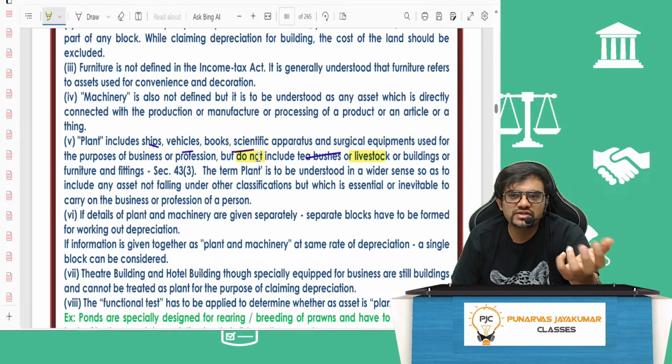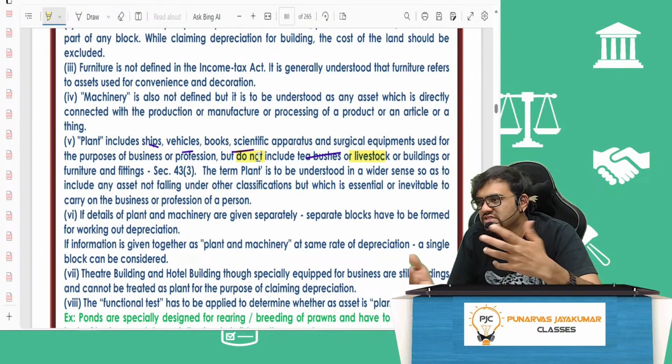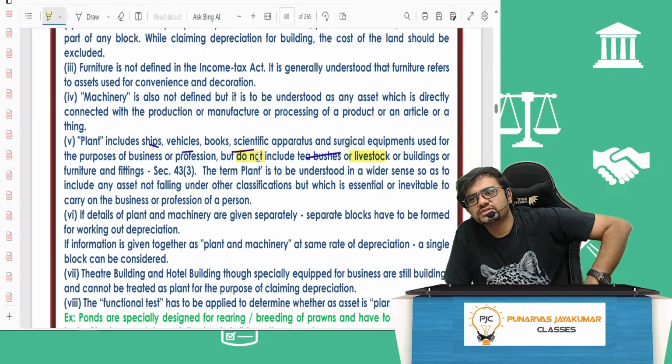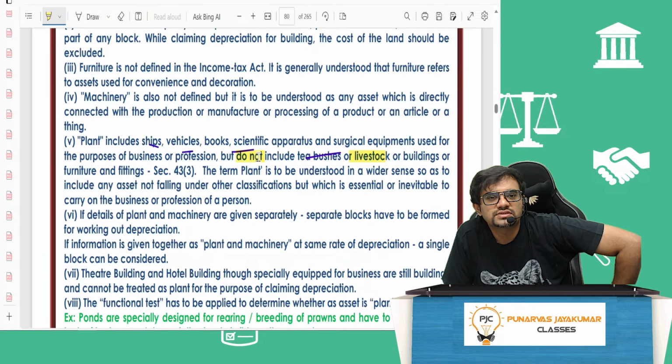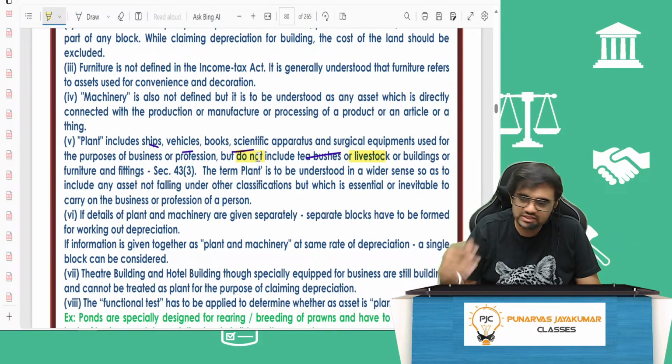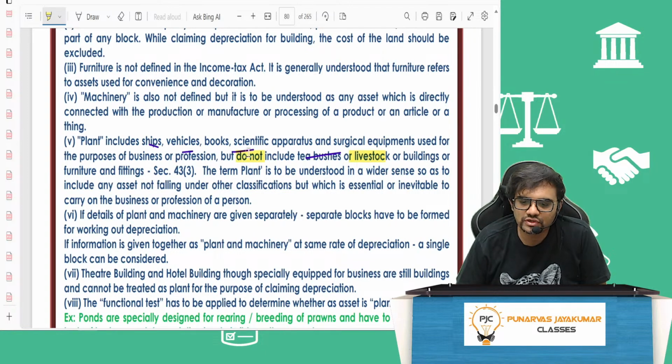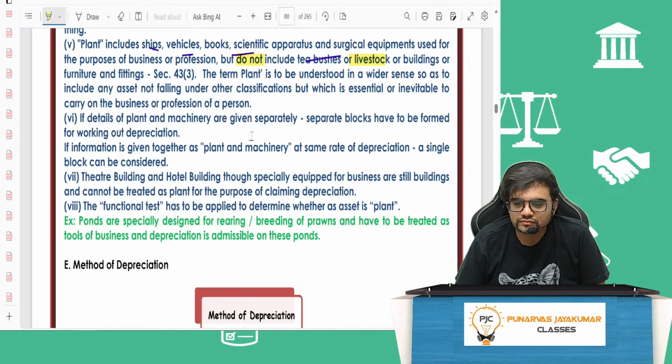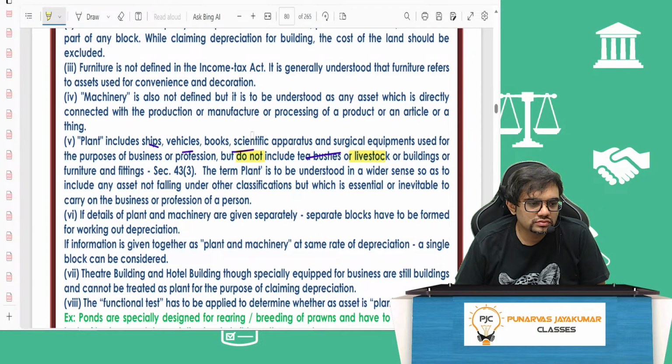The carcass, body I will sell, skin I will sell. Whatever is left, that amount will be allowed as reduction. So the animal cost me 10 lakhs, but I could recover 3 lakhs from the animal, 7 lakhs is reduction. So they made it very clear now. Is it a plant as such? No. Otherwise, you are right. Of course, it is an asset. So, yes, cost of the animal minus value recovered from the animal.